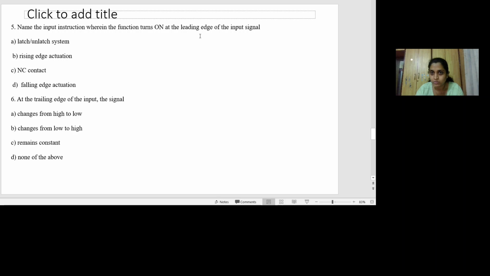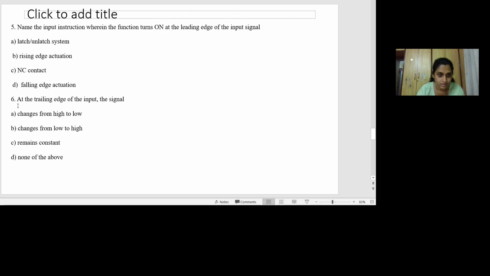Whenever the input signal changes from off to on state, we have the leading edge. So the answer for this question is the rising edge actuation, that is choice B. So rising edge means the input changes from off to on state. At that instant of time, the contact will be energized and there is a connection between the two rails.